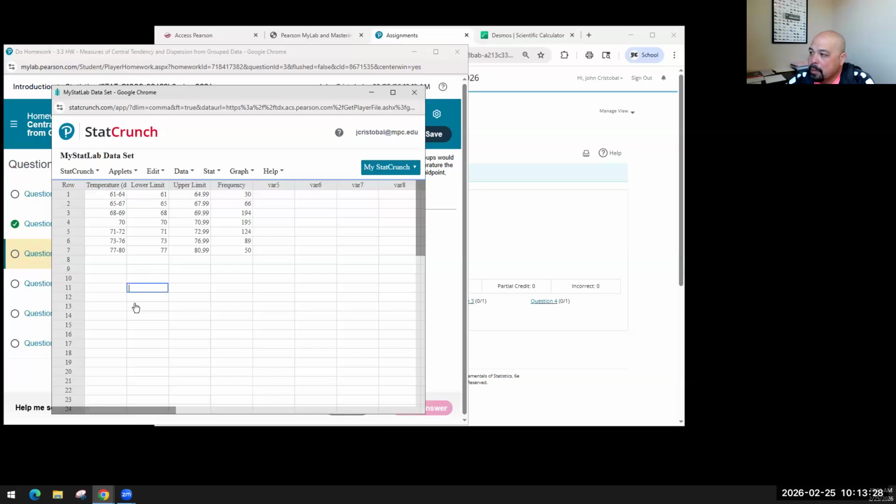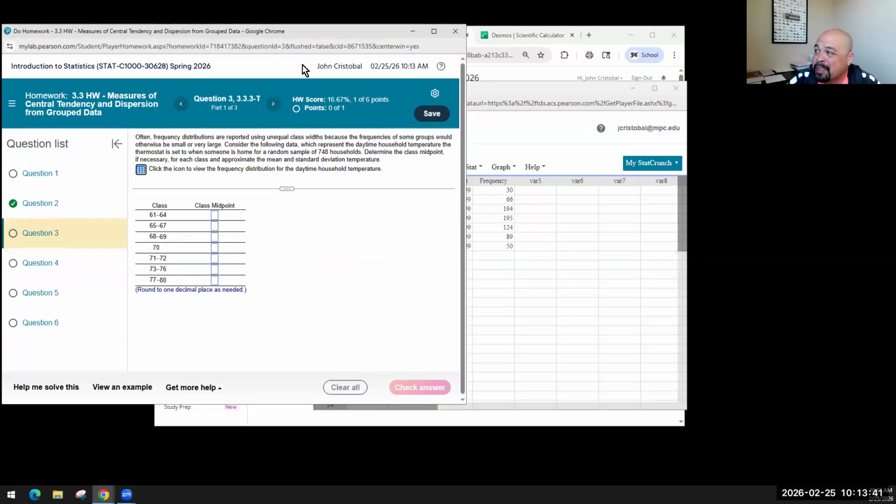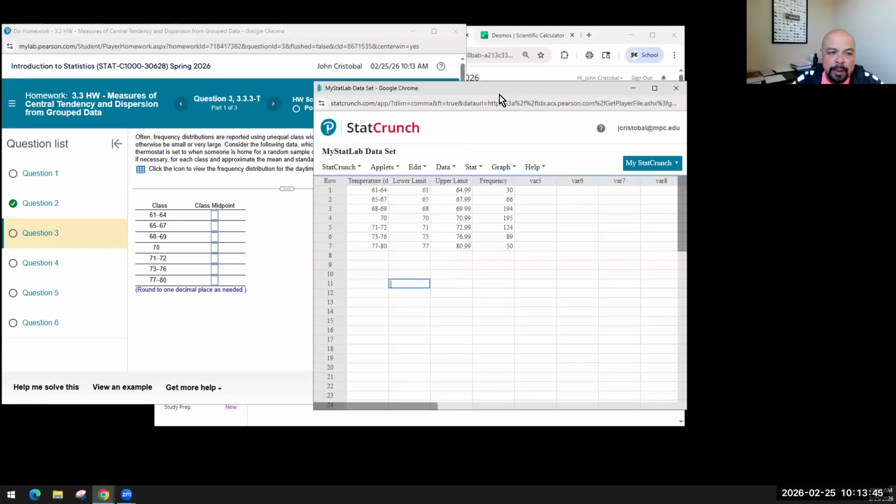All right, so there's our lower limits, upper limits. There's our frequencies, okay? That's now an important aspect for our particular author. Different textbooks, different authors, different statisticians, mathematicians calculate this differently, so it is a little bit odd.